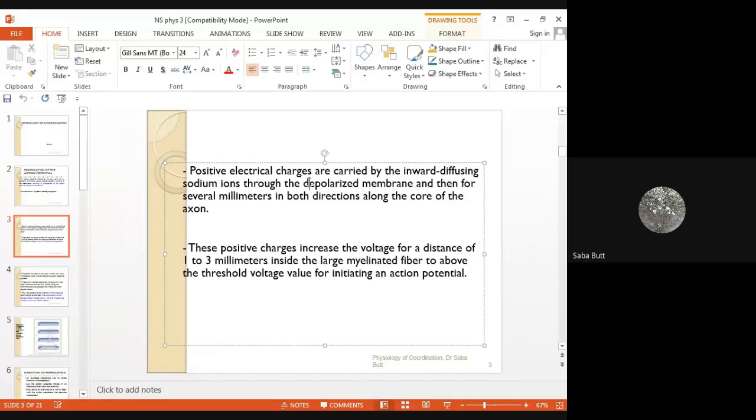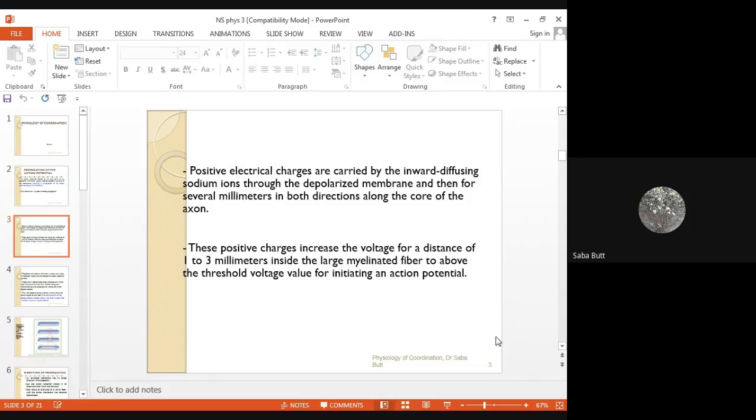A few of the neurons, like in the CNS, actually send a message at zero, so at neutral charge. Then a few larger neurons send the message from plus 10 to plus 35. It varies from neuron to neuron. This is all the electrotonic spread, basically, and we call it propagation.